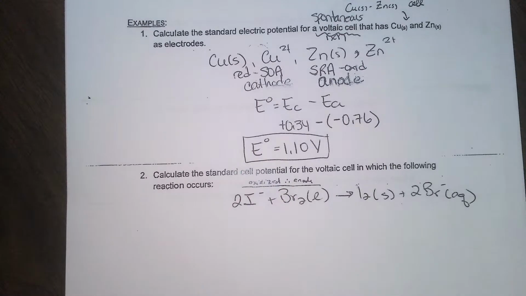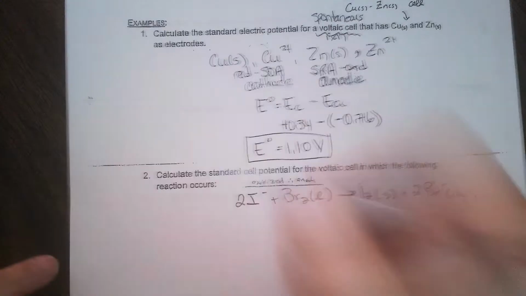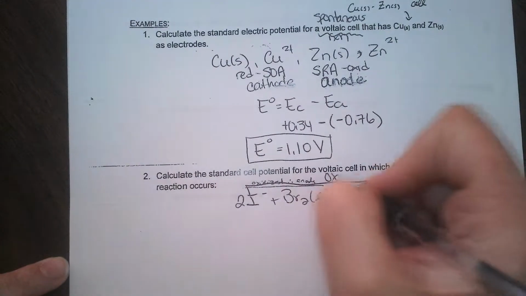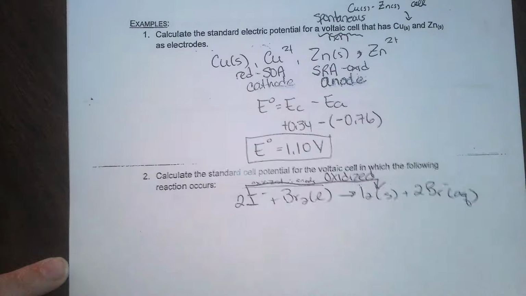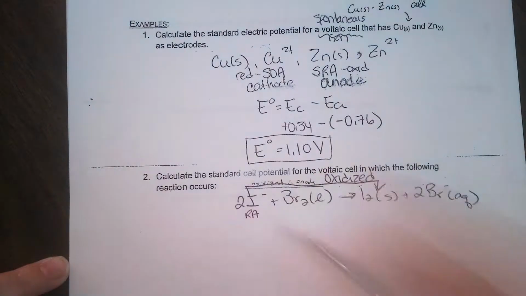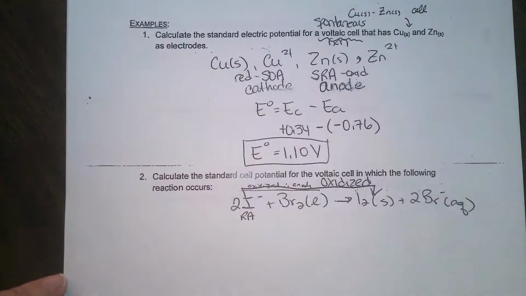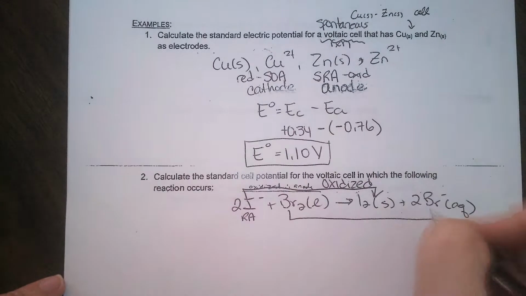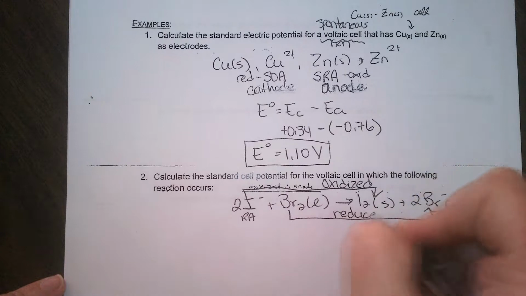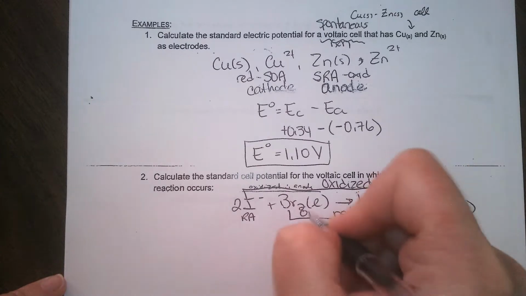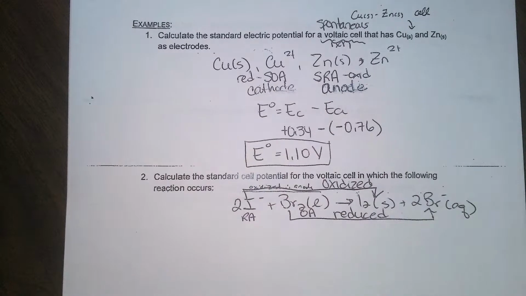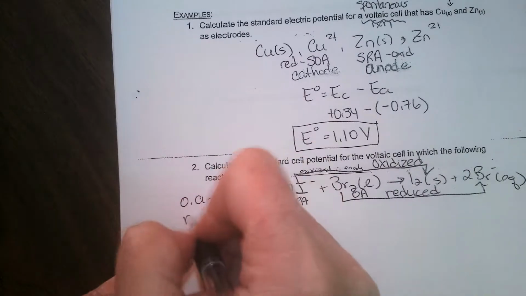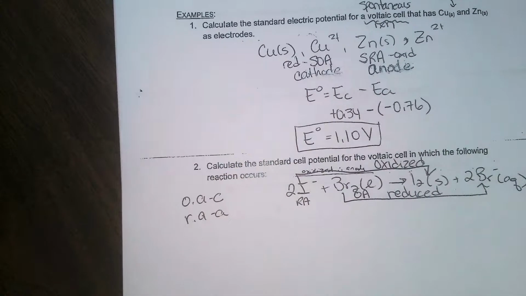So your 2I negative is being oxidized, which means that this is the reducing agent. What else? Your Br2 is being reduced from 0 to negative 1, which means that this is my oxidizing agent, right? So we know the oxidizing agent is the cathode and the reducing agent is the anode.